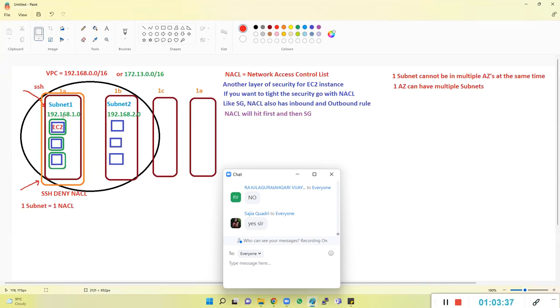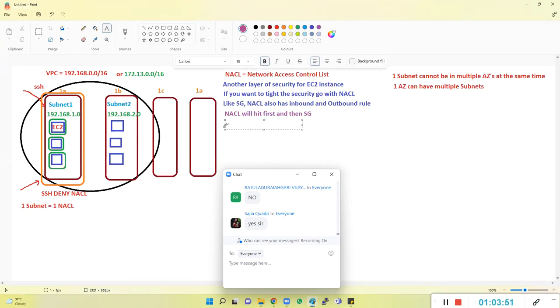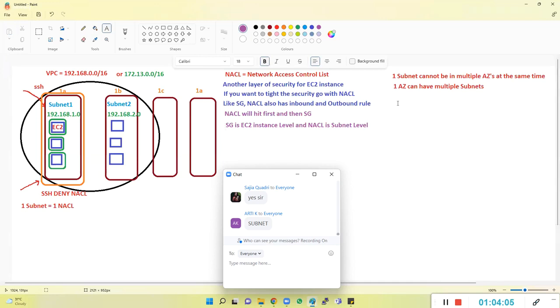However many hundreds of EC2 instances are inside the subnet, SSH will be denied for all of them. So in short, security group is EC2 instance level and NACL is subnet level. Understood?